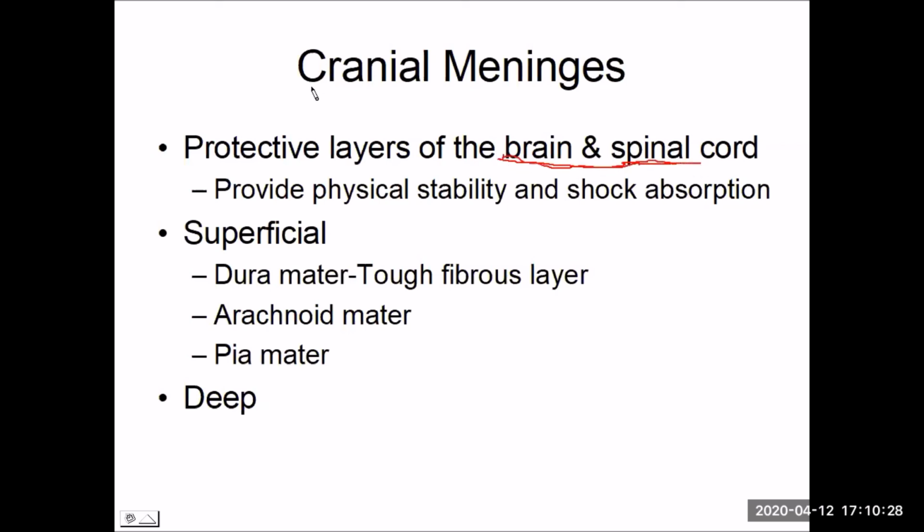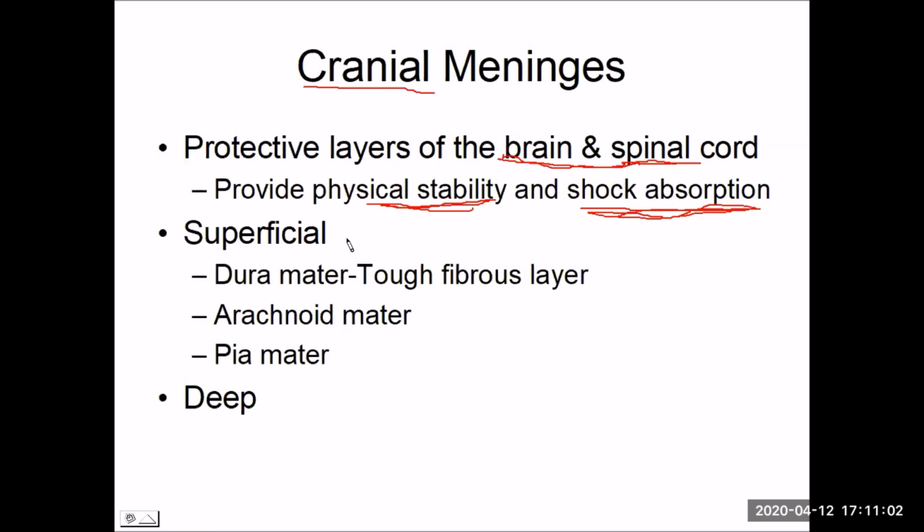So for now, we're just focused on the brain specifically. But again, between the bones and the nervous system, we have these layers of meninges. And their purpose as a whole is to physically protect the brain, so absorbing any trauma to the brain, as well as just really stabilizing the position of the brain and maintaining that fixed position within the cranial cavity.